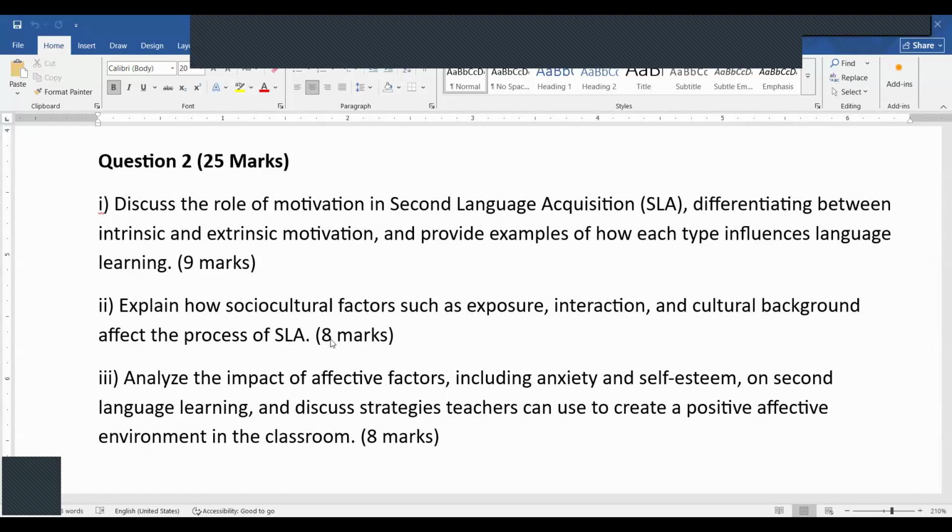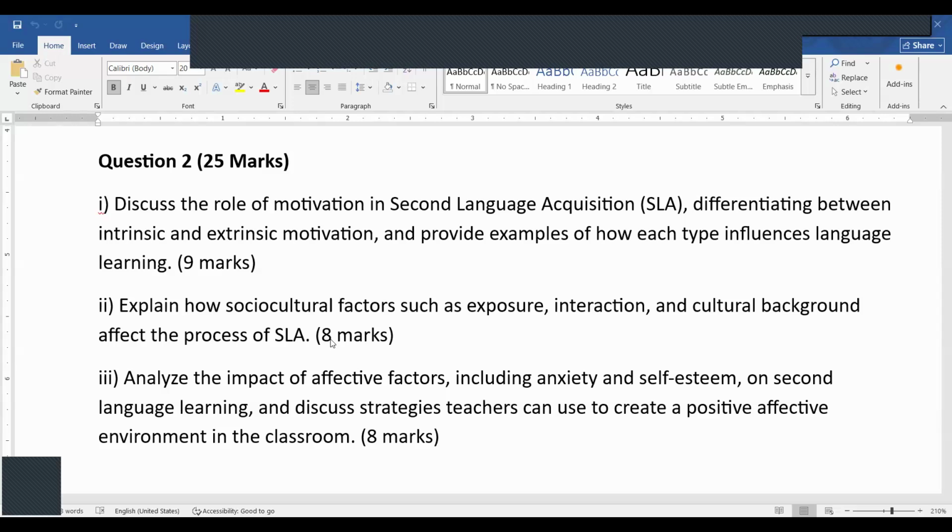Giving rewards or grades, to obtain high grades, and appreciation, praising, promotions. Yes, appreciation, promotion, exactly. So that is extrinsic motivation.